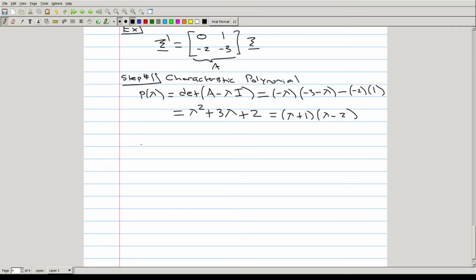If it doesn't factor nicely, we have to go through and use the quadratic formula here, but it does in fact factor nicely.